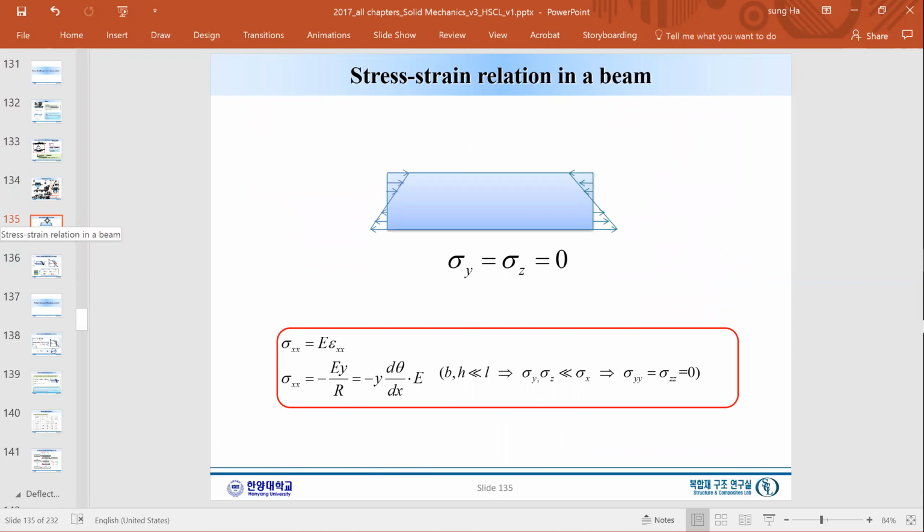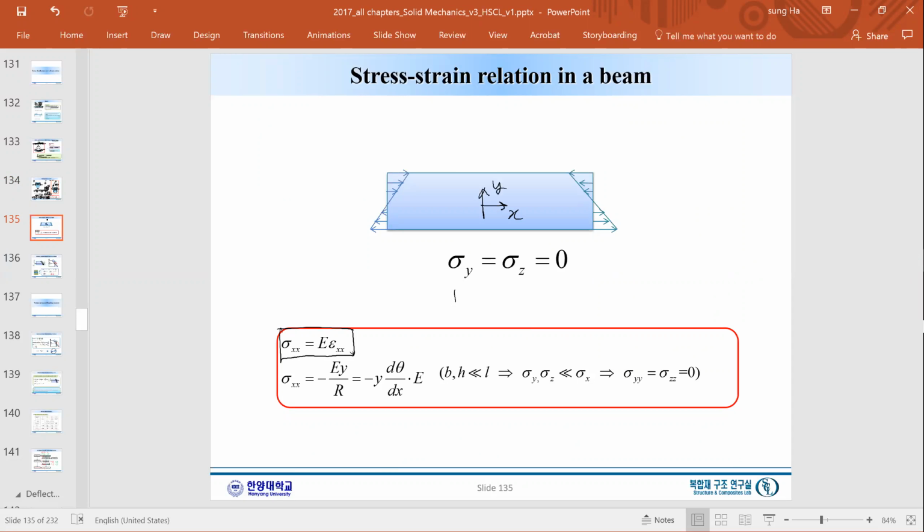Now is the stress-strain relations. Say we have a strain. How to calculate the stress? Well, simply we have a tensile stress and a tensile strain. Simple stress-strain relations. We don't have any other stresses. Others are all zero, except that this is x and this is y.